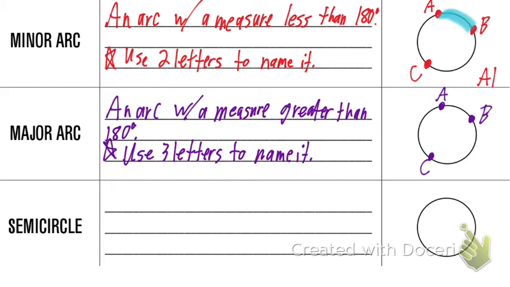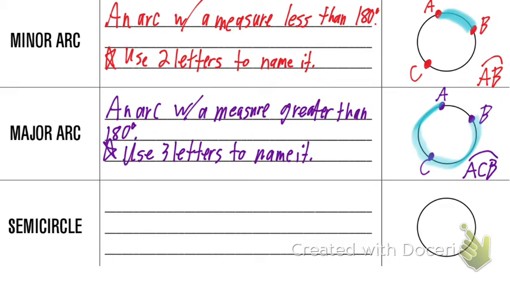Arc AB. And just like with segments or lines, I could reverse that and call it arc BA as well. So the arc here, on the second one, the major arc, if I'm going around that way, I would call this the major arc ACB.